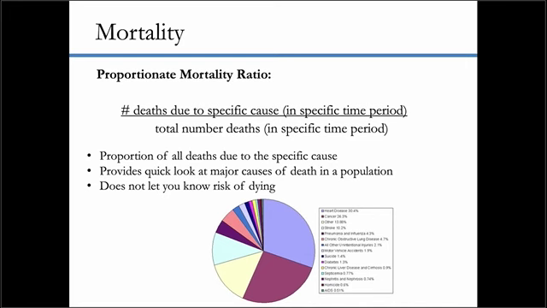But today, the majority of the leading causes of death in the United States are chronic diseases. And so we've seen what we call this epidemiologic transition, where we've moved mostly from seeing a lot of people dying from infectious diseases to a lot more people dying from chronic diseases.